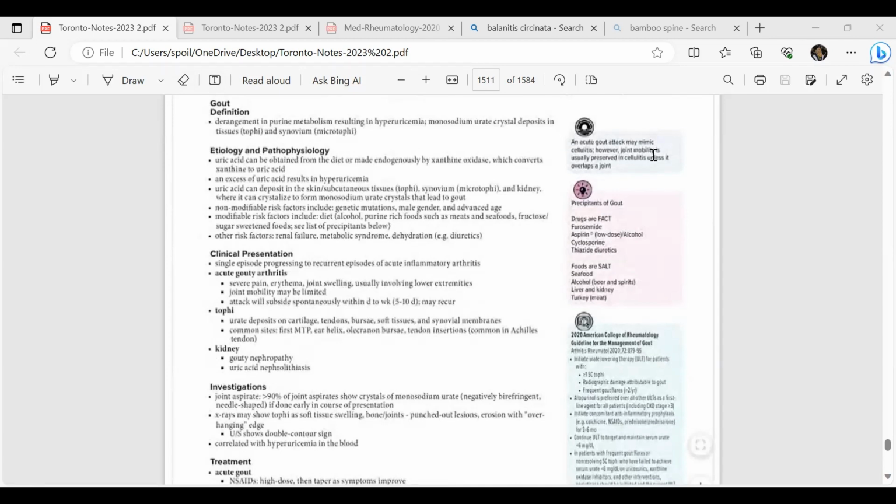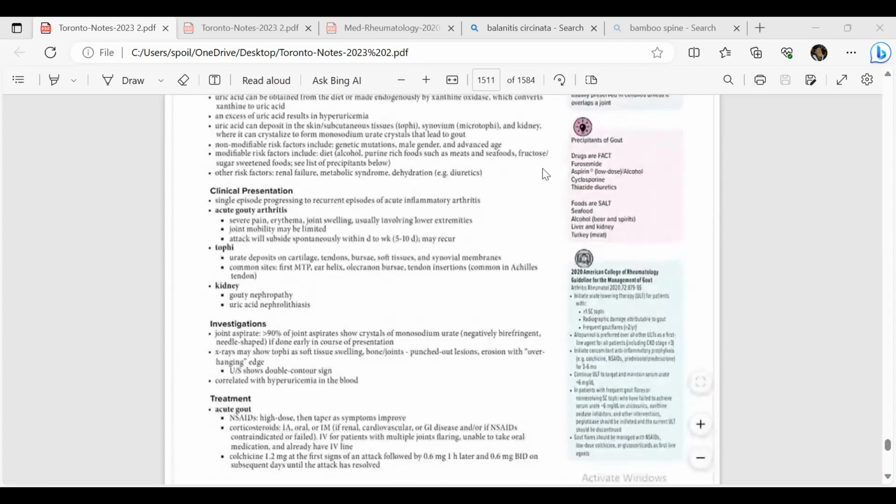An acute gout attack may mimic cellulitis. However, joint mobility is usually preserved in cellulitis unless it overlaps a joint. Now, this table, the food list and drugs: furosemide, aspirin, cyclosporine, thiazide diuretics.